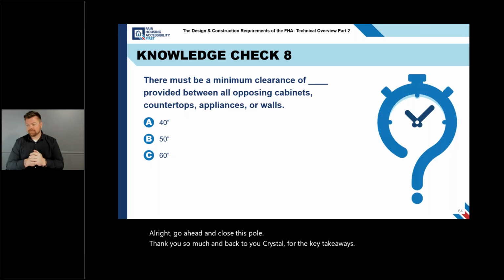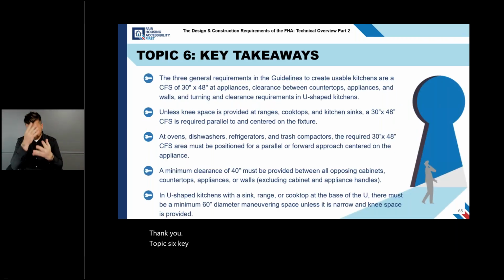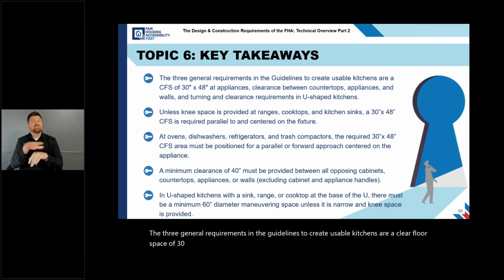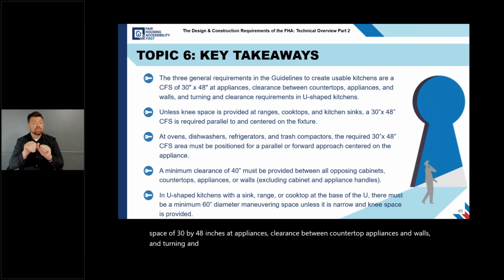Topic 6, key takeaways. The 3 general requirements in the guidelines to create usable kitchens are a clear floor space of 30 by 48 inches at appliances, clearance between countertop, appliances, and walls, and turning and clearance requirements in U-shaped kitchens.